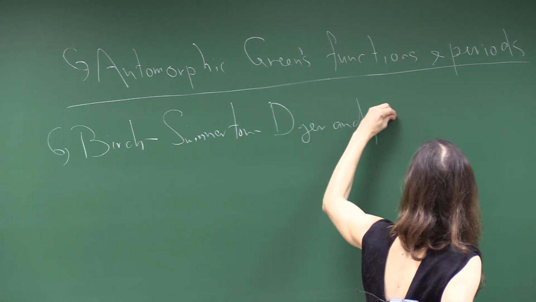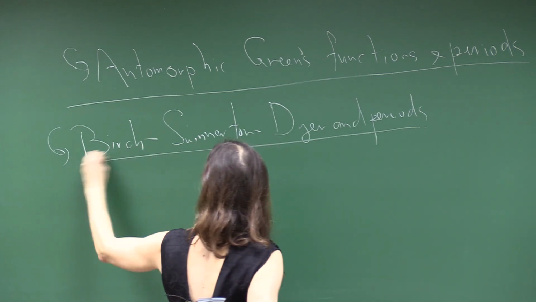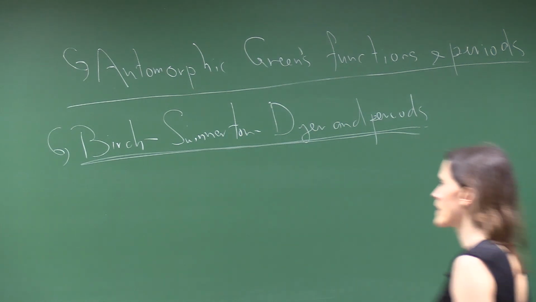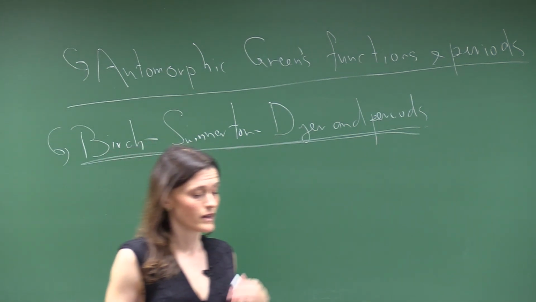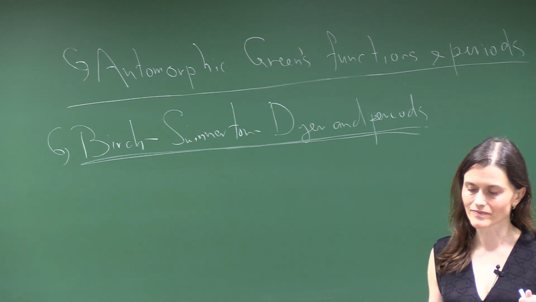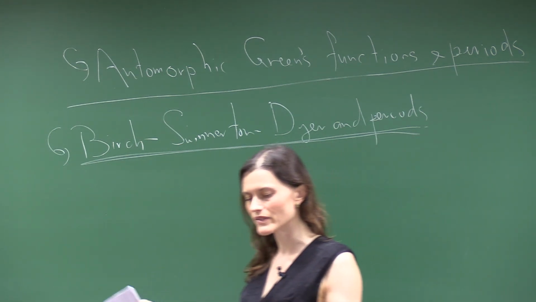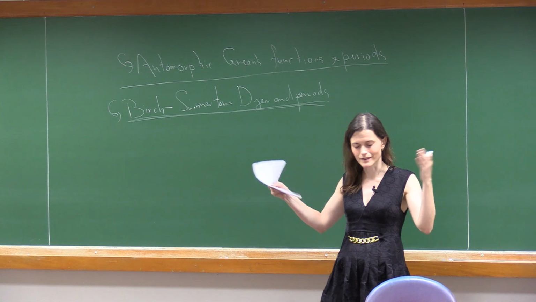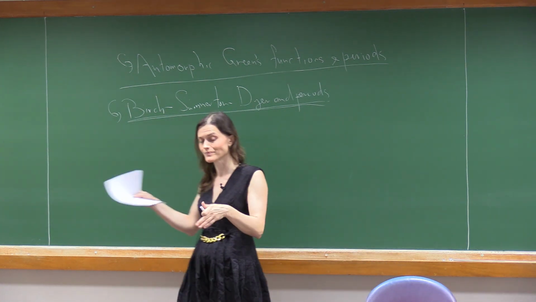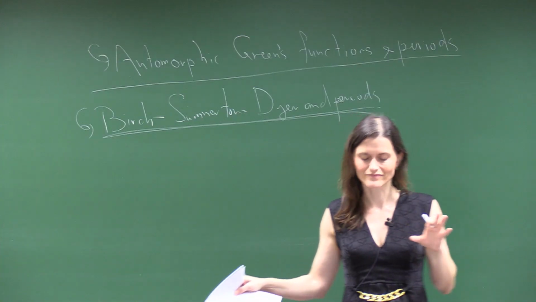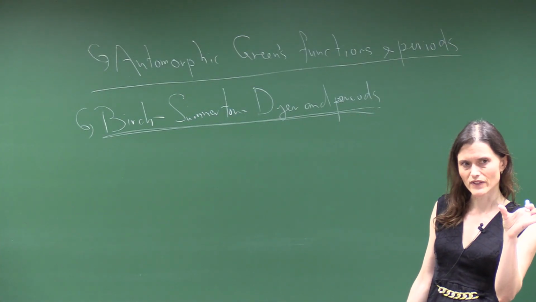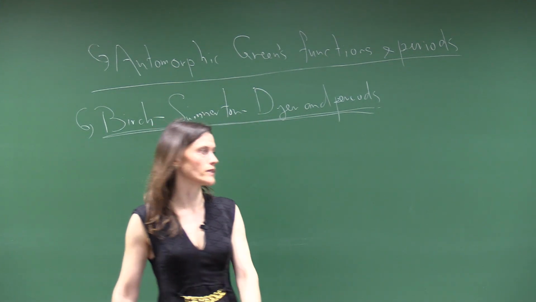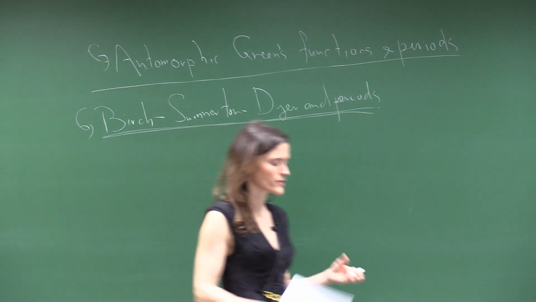Without going into a full explanation of what the conjecture states, let me just remind you that on some level, the conjecture predicts that the central derivative value or higher derivative value of the Hasse-Weil function of an elliptic curve defined over a number field, assumed to have analytic continuation to an entire function with a functional equation, etc., that higher central derivative value should be related to a non-zero algebraic number times the regulator of the elliptic curve. So let me just say that very briefly so that we can focus on this aspect of it.